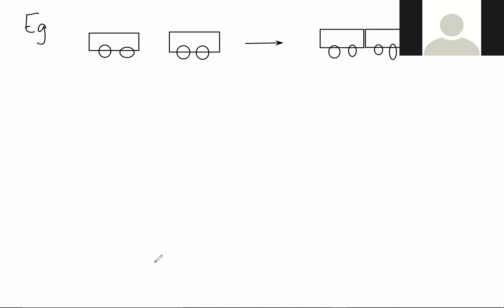Okay, let's say initial trolley M1. This one is moving at 1 ms minus 1. And this one is moving at 0.8.